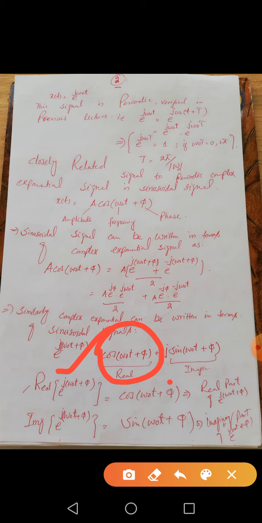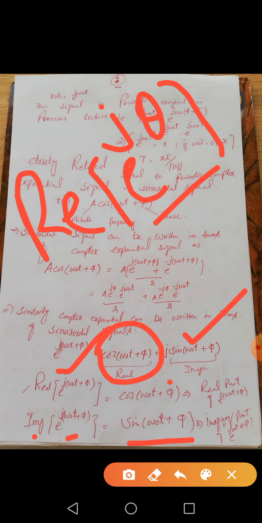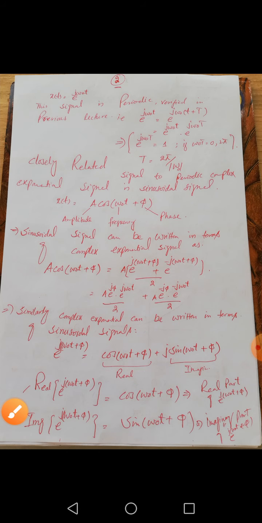And if I write imaginary of e power j (omega naught t plus phi), I mean the imaginary part, which is sin (omega naught t plus phi). So whenever I write real of e power j theta, it means the real part of this signal, which is equal to cos theta.